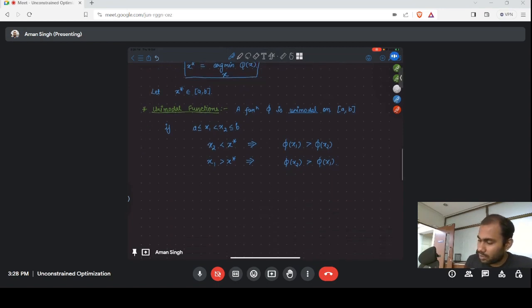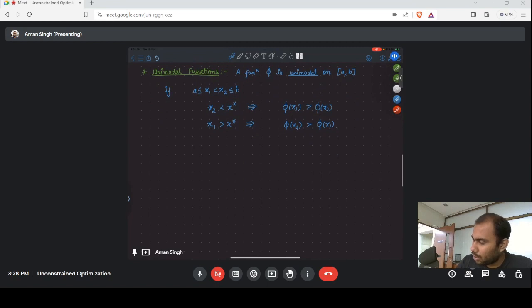Let's look at these functions visually, or their graphical picture. Let's say this is a function.